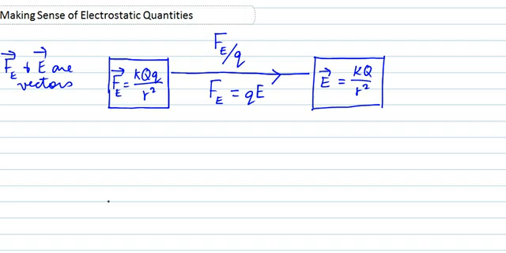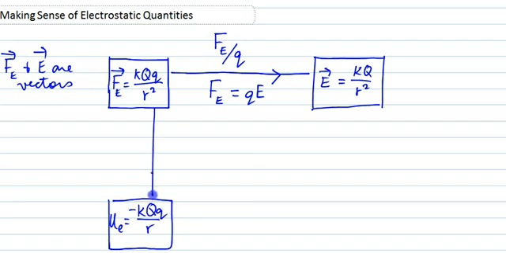Okay, well now let's add in down here the electric potential energy, which we'll just say is negative KQq over r. And one thing that we know is that force is the negative derivative of potential energy with respect to r.